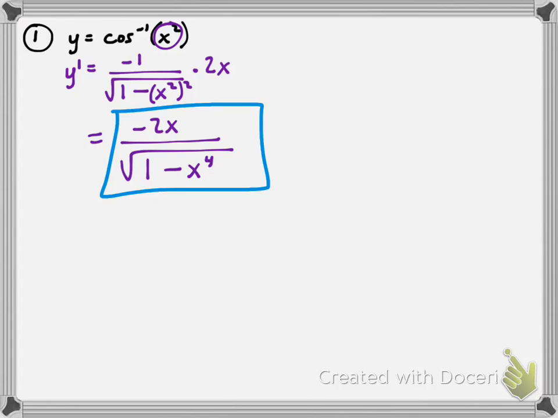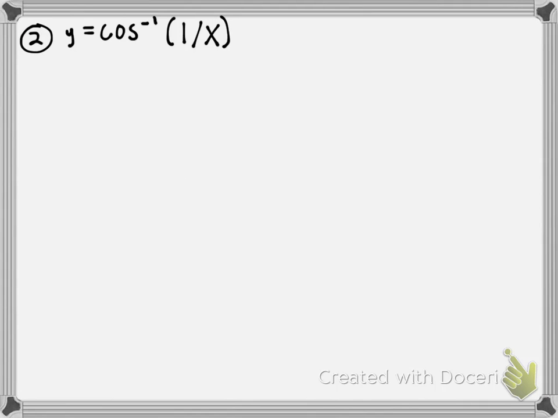Okay, number 2, y equals inverse cosine of 1 over x. So y prime then is the same thing. We're going to use the same formula: negative 1 divided by the square root of 1 minus whatever this thing is. Now again, that's the u, so 1 over x is going to be squared. I'm just going to leave it like that.